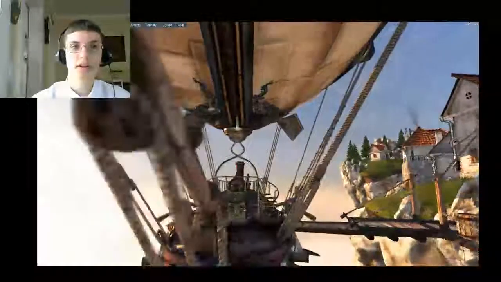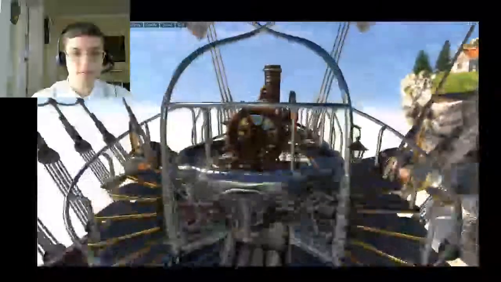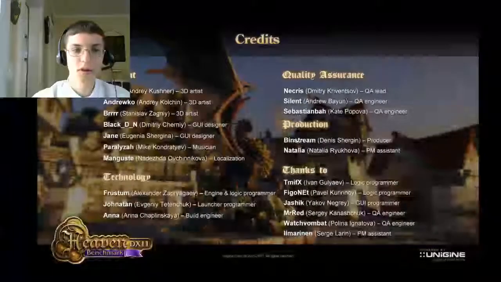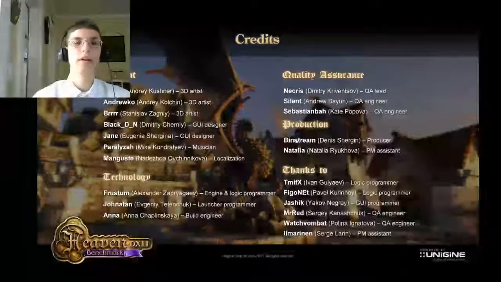So yeah, you guys can see how all that works. That's my main two things to go by when I do benchmarks. I also do some gaming benchmarks, like with Just Cause 2, I use their benchmark in that.